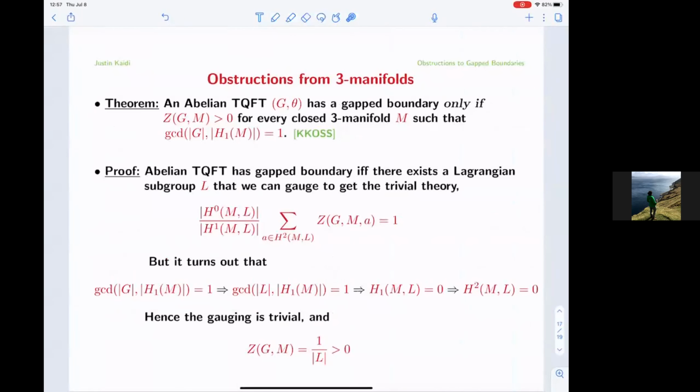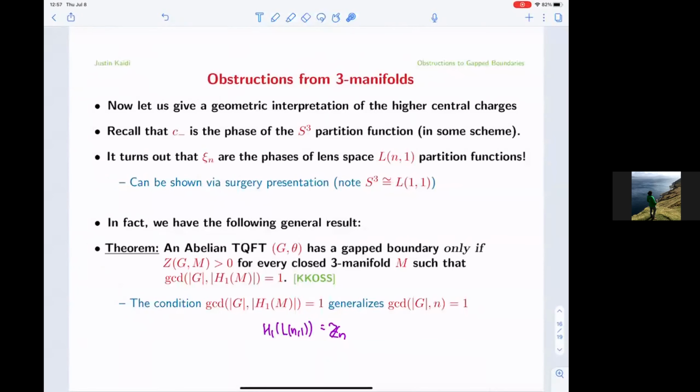What about if there is not just torsion, but you have some free part to H1, like a 3-torus? That's a good question. To first order, I would just write that off as not satisfying this GCD condition and not consider it, but one could potentially salvage it.